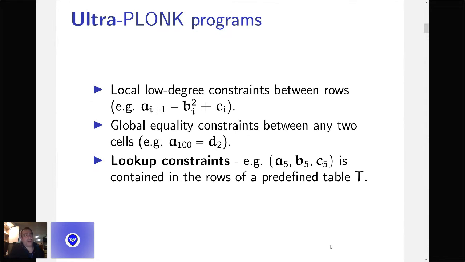And then you can simply have a constraint where I'm just checking, say, that the 5th row exists in the table.